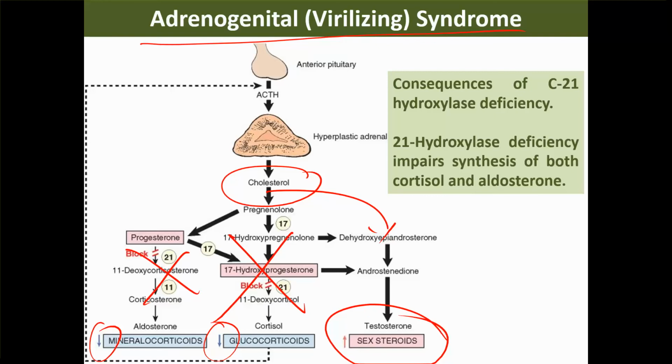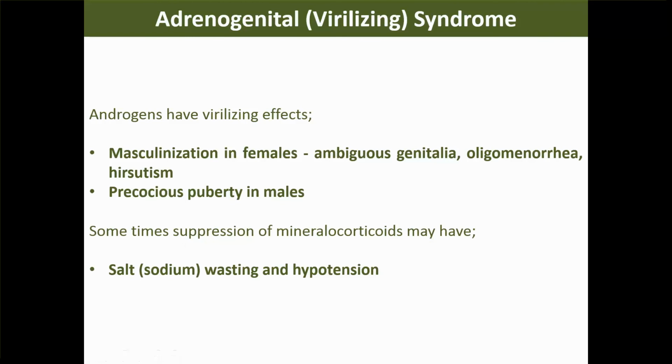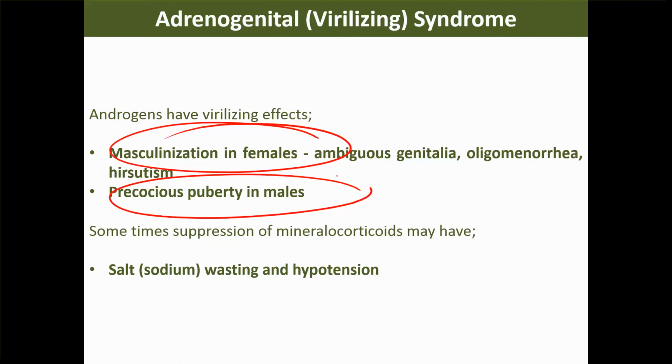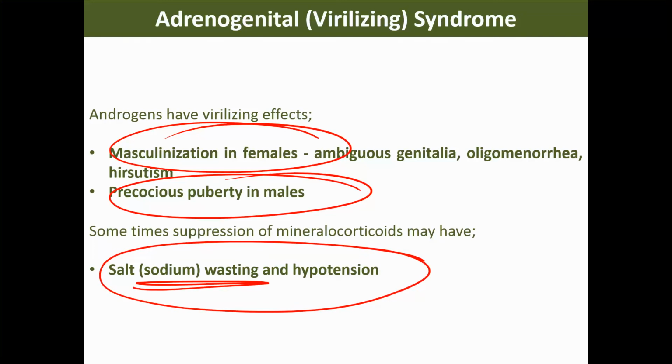This is increased. The enzyme deficiency is 21 hydroxylase. So what you see here is masculinization in the females, precocious puberty in the males, and they produce salt wasting syndrome, salt is going, water is going, the blood volume is reduced, then there will be hypotension.